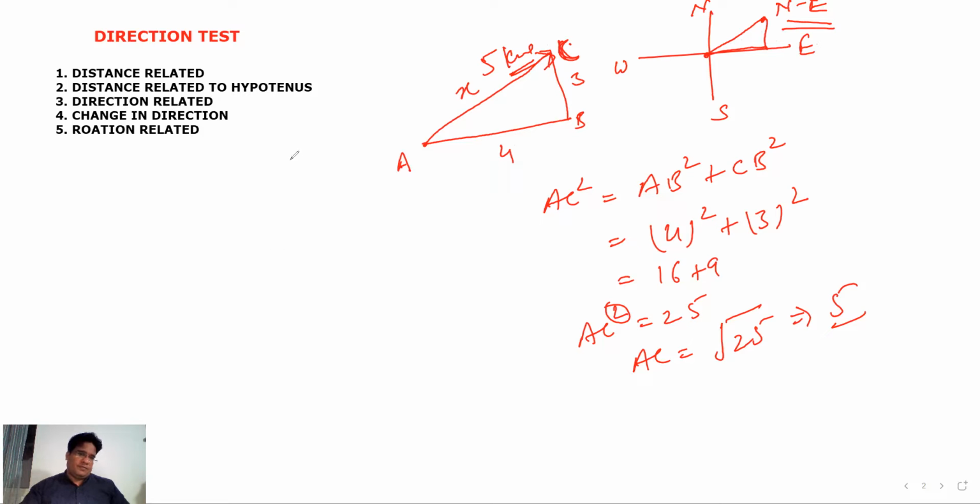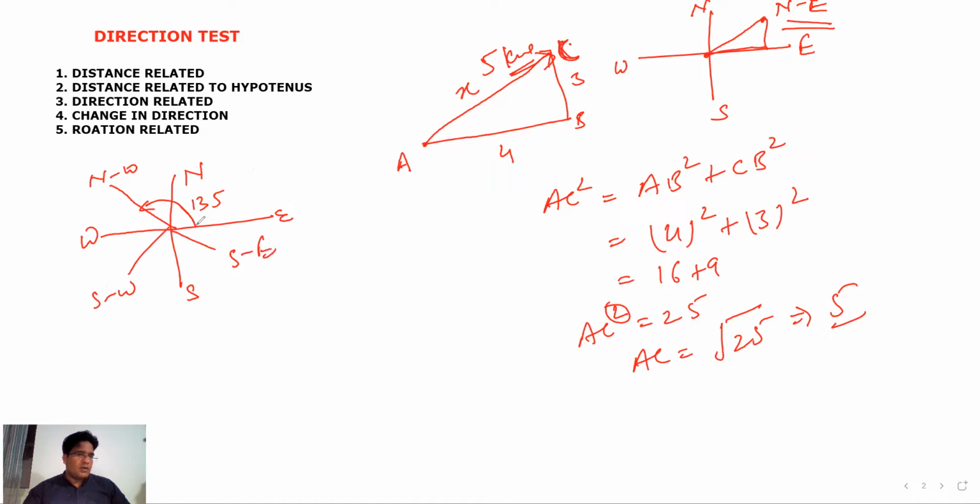If the direction is going to be changed, let me perform an example for this. This is north, west, east, and south. If the whole system is going to rotate by 135 degrees, that means northwest, southwest, southeast, and northeast.